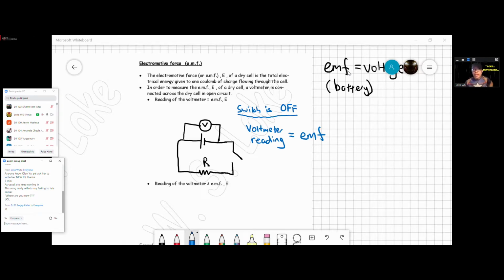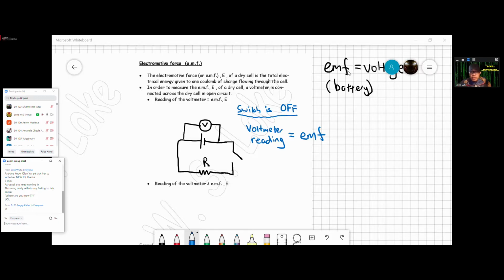Ada suara kipas. Now is it better? Oh, it's better. Oh, because the blower is beside me. Okay, sound better.